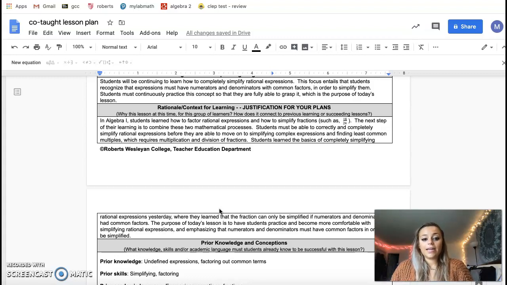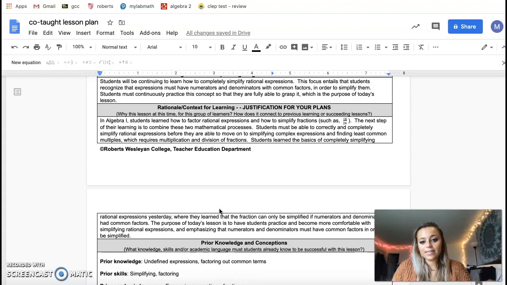Now the next step of their learning is to combine these two mathematical processes, and students must be able to correctly and completely simplify rational expressions before they are able to move on to simplifying complex expressions and finding things like least common multiples, which requires multiplication and division of fractions. So it's a step-by-step process.